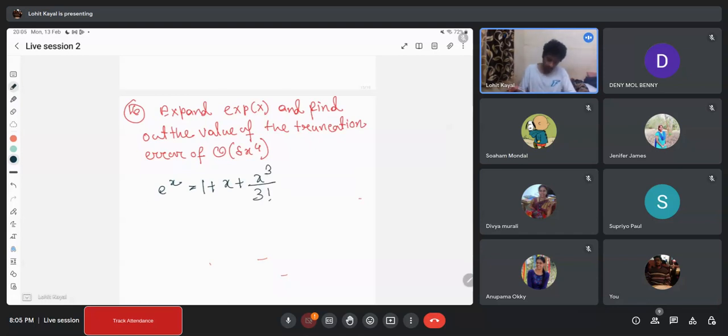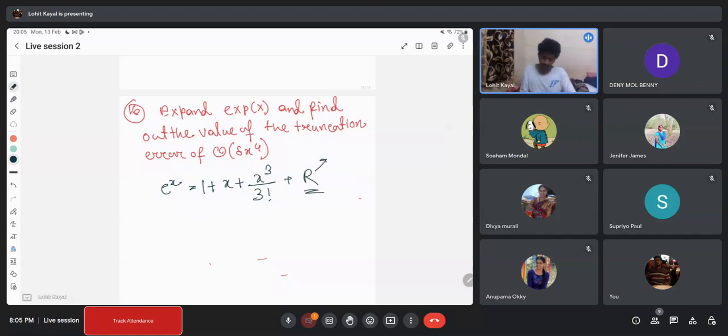Now the truncation error is of order delta x to the power 4, plus some residual term r. Now we need to check if r is of order delta x to the power 4.